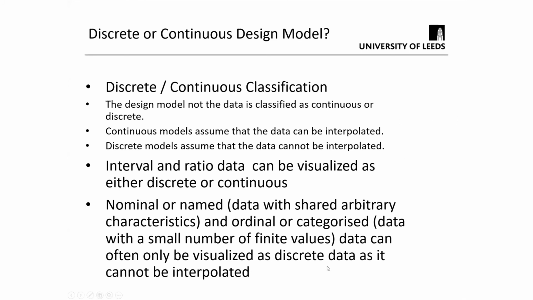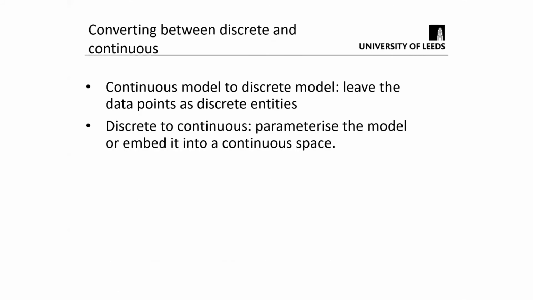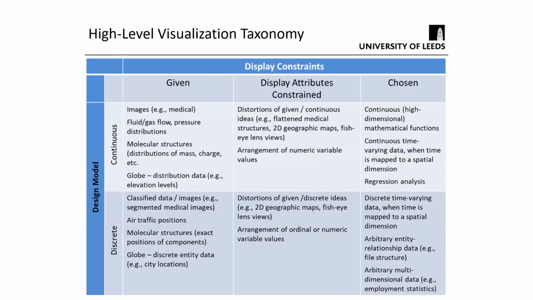I think that's a discrete one, because they can't be interpolated. So you can change between the two, but you've got to understand which visualization functions will be useful. So here we've got a table which probably explains this better than the last slide.